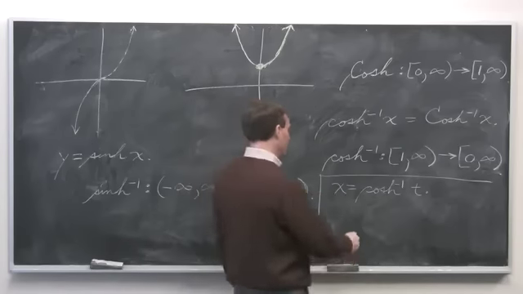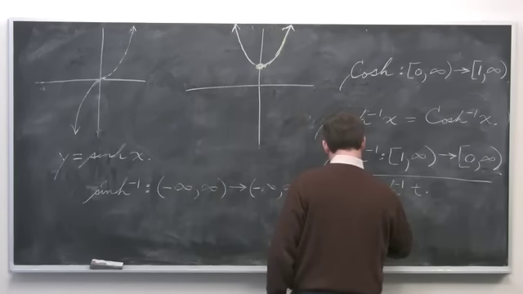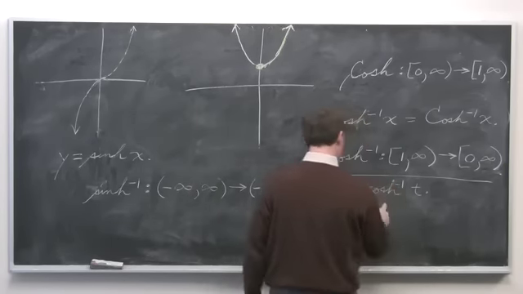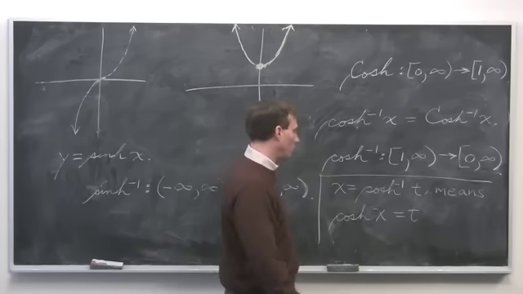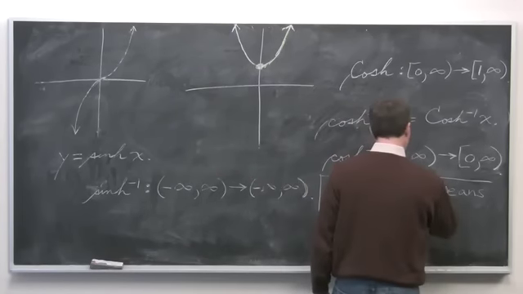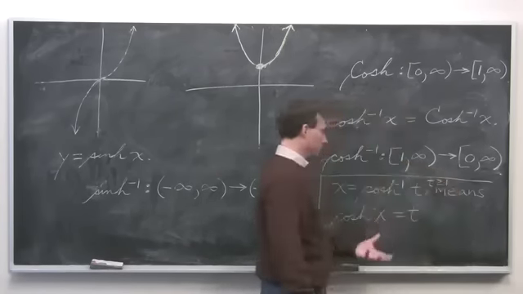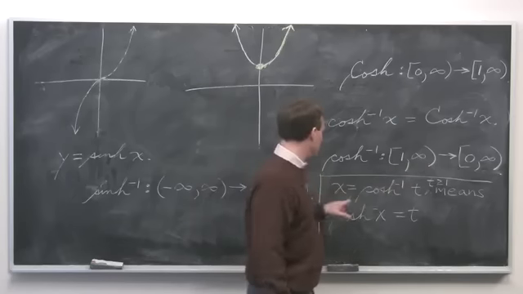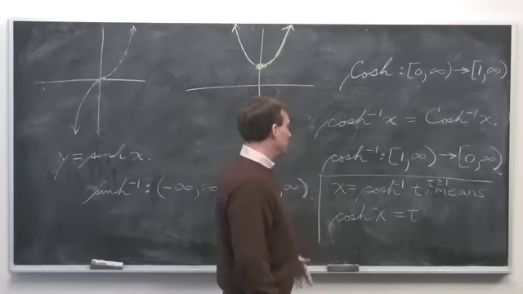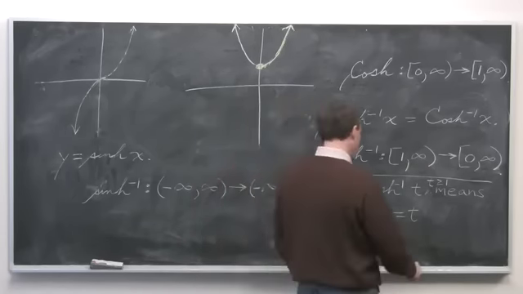Well, it certainly means that the hyperbolic cosine of x equals t, but it also means that t better have been greater than or equal to 1, and that better be included as part of your problem, or you shouldn't be taking inverse hyperbolic cosine of it. But it also means that this x has to be greater than or equal to 0.